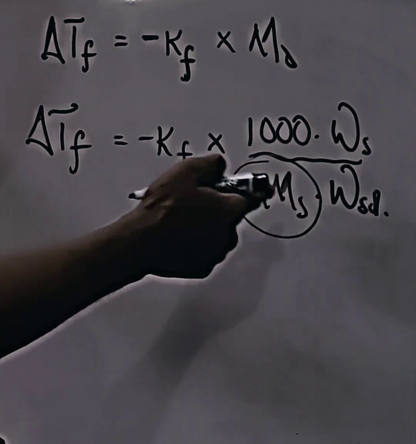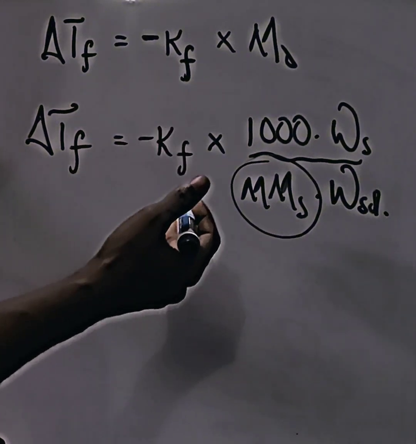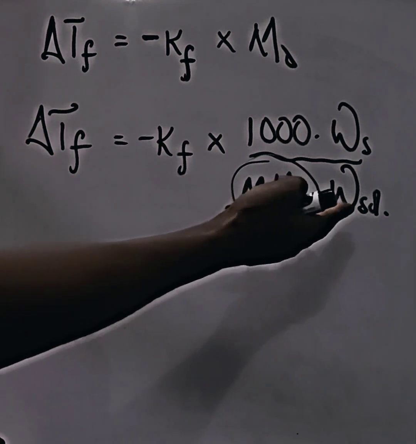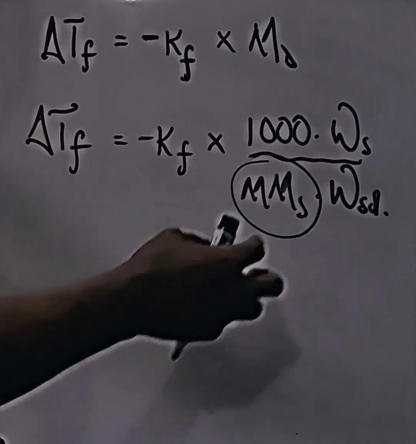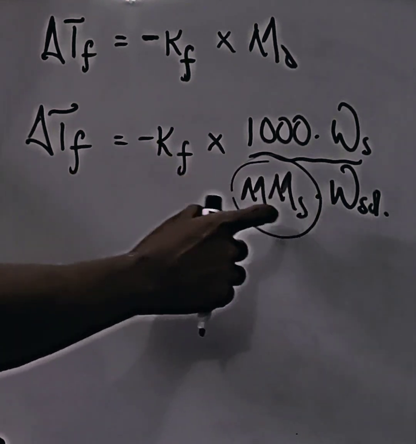We are interested in the molecular mass of the solid. Remember, the experiment is about determining the molecular mass of naphthalene, which is the solid, in a given solvent, which is camphor. So we're going to make MMS, molecular mass of solid, the subject of the formula.